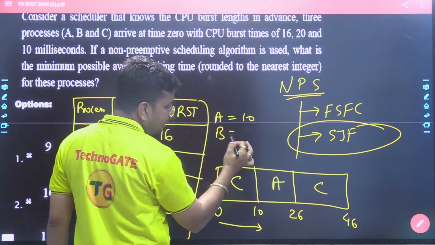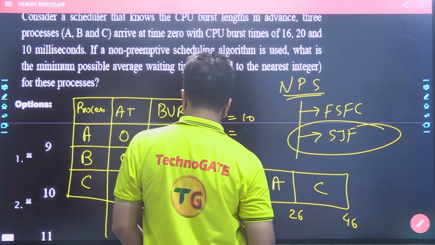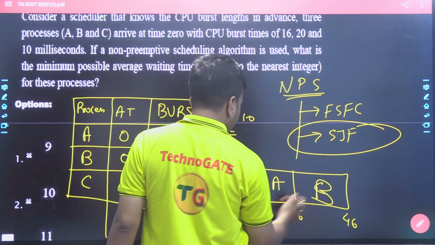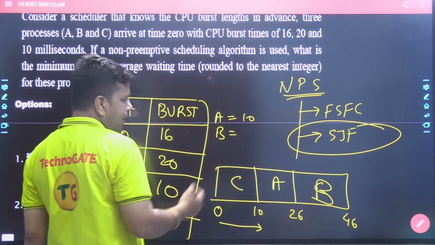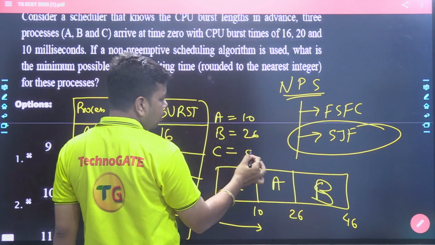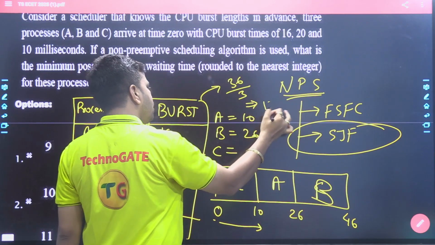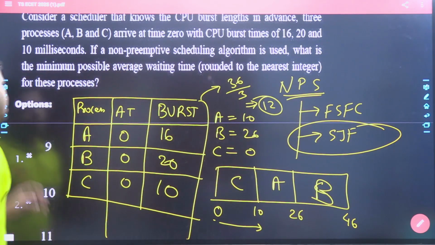Waiting time for B is 26. Waiting time for C is 0. So the addition becomes 36 divided by 3, which gives you the value 12. So 12 is your answer.